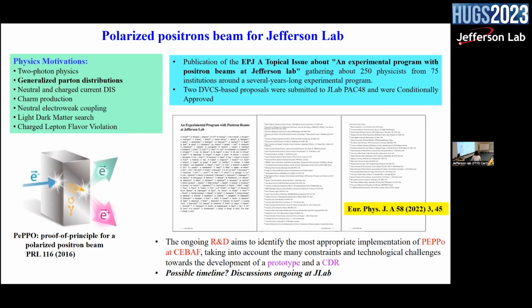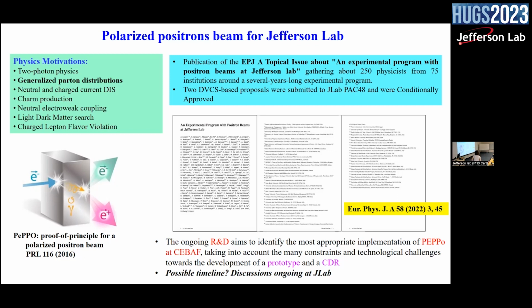The conditional approval is something that the PAC does whenever it basically means we are very interested in the physics project, but there is no positron beam yet. So come back when things are developing more from the technical point of view.